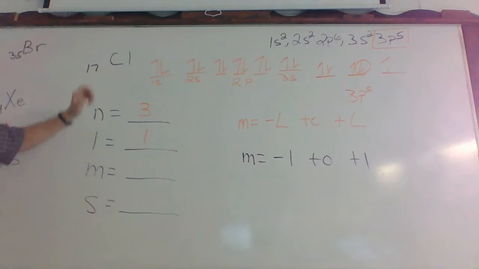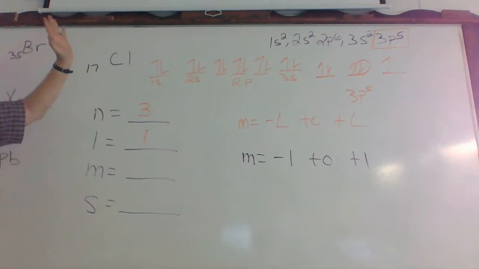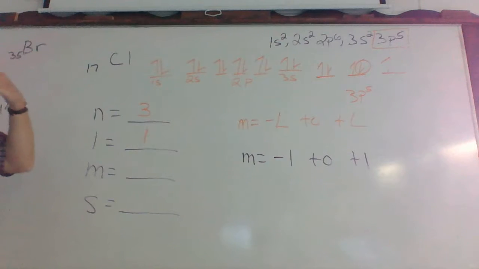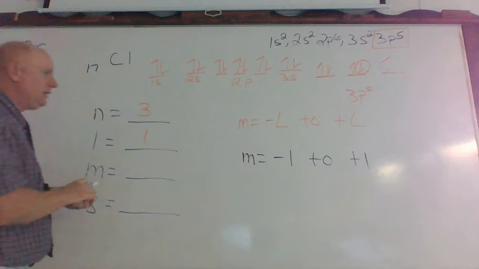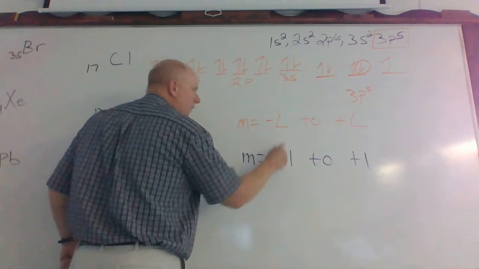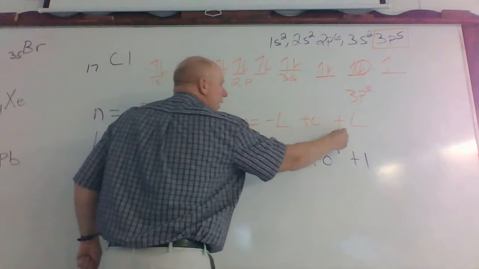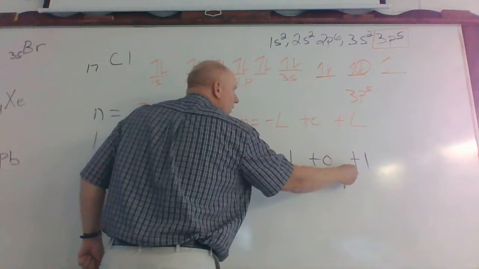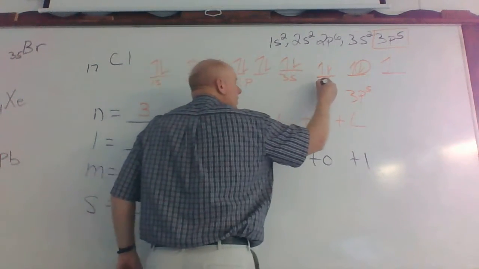Now, if you said, I am so confused, I get it. We're going to get better at this with practice. Okay? So M equals whatever the value of L was. Well, L was assigned as 1. So that means that the value for that goes from a negative L, or negative 1, to a value of positive 1. So we just put those values in up here.